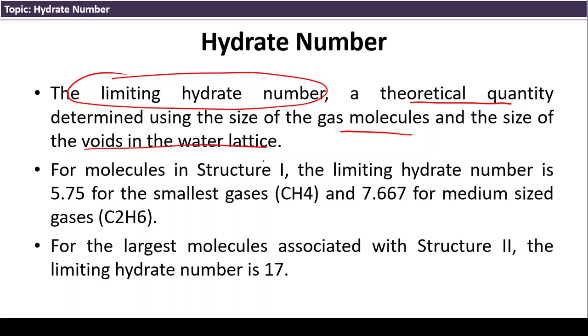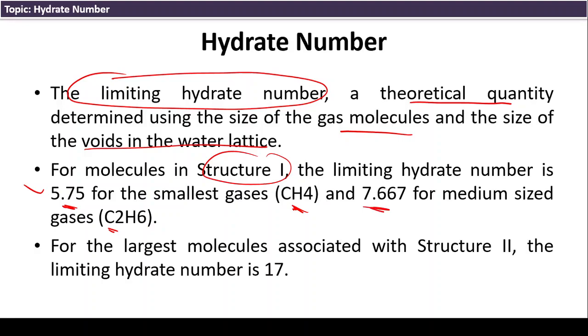For example, for structure 1, the limiting hydrate number is 5.75 for the smallest gases like methane. So for methane, it should be 5.75. It's a theoretical value, and for medium size gases like ethane, it should be 7.66.